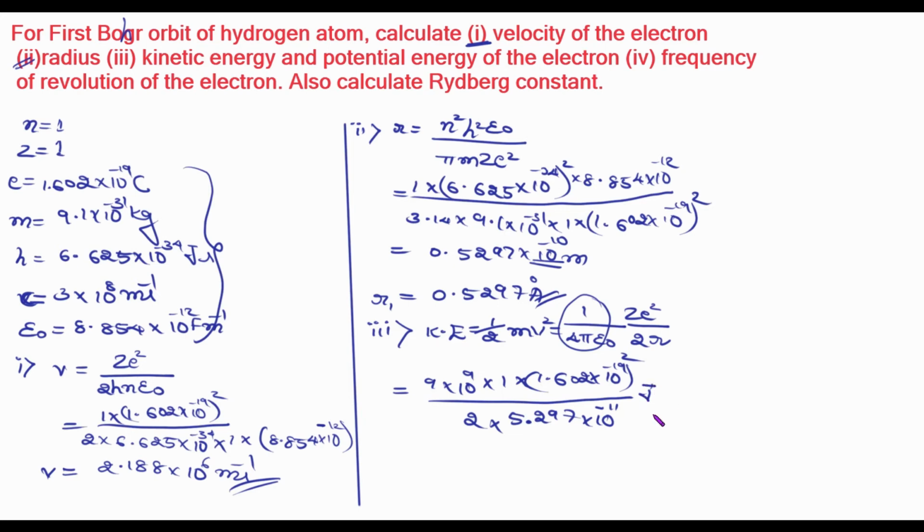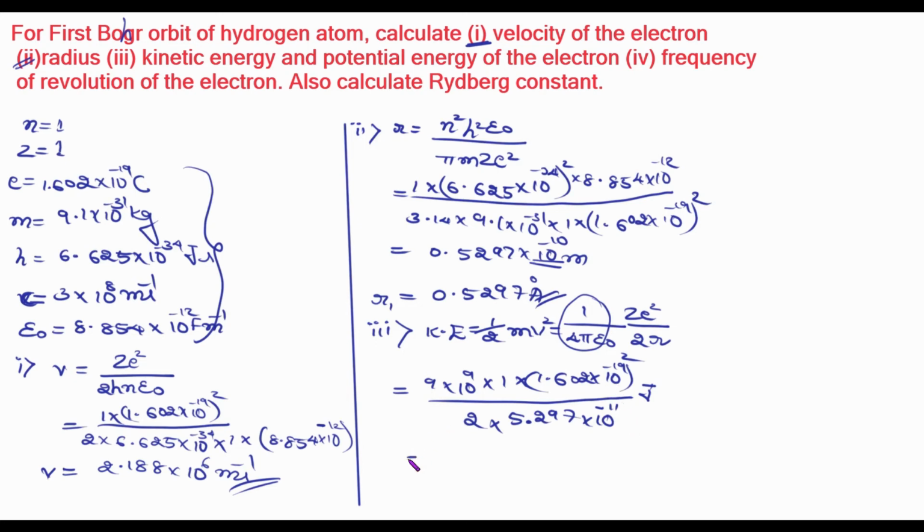Suppose you want the answer in terms of electron volt, what do we do? We divide by e, which is 1.602 into 10 to the power of minus 19. Then 1.602 into 10 to the power of minus 19 in the numerator and in the denominator cancel.